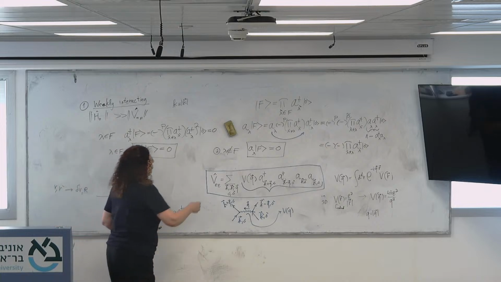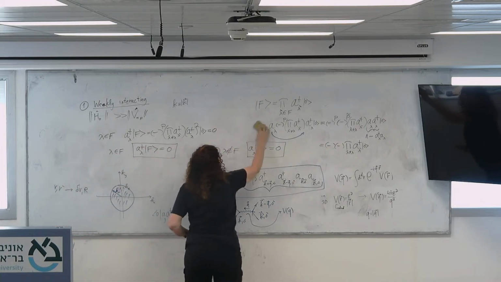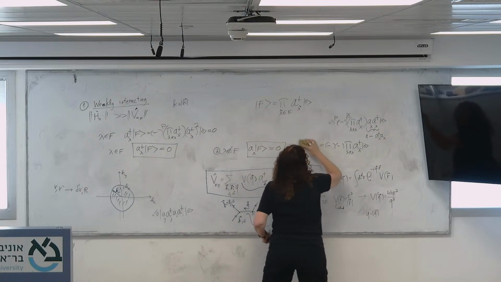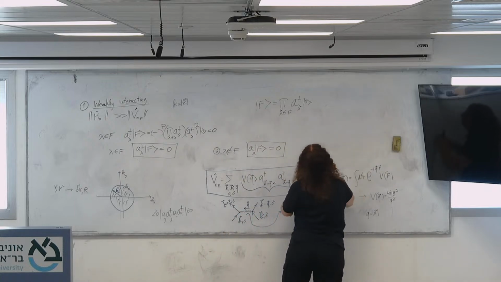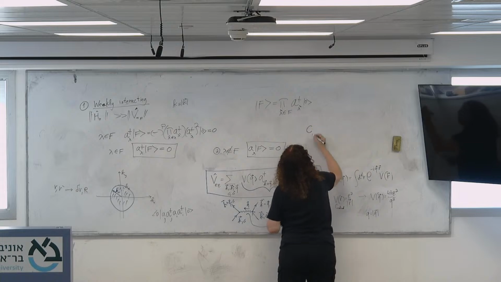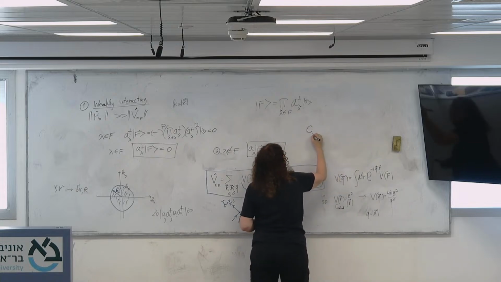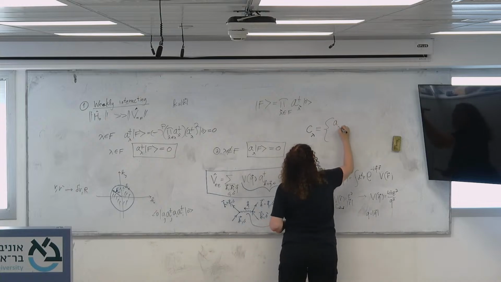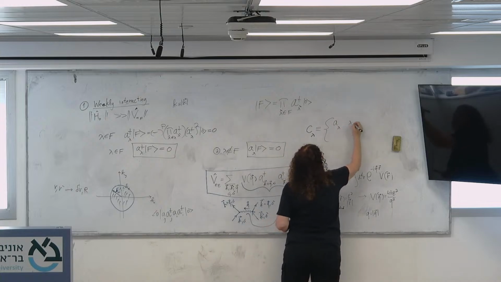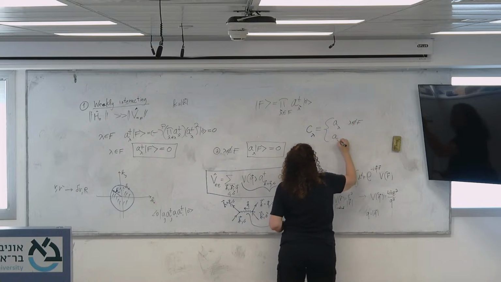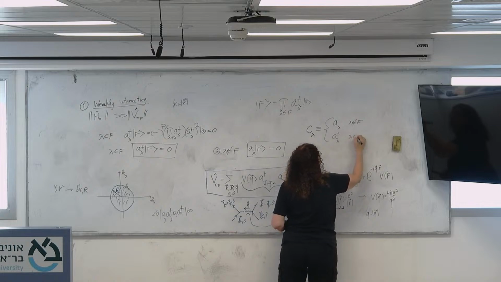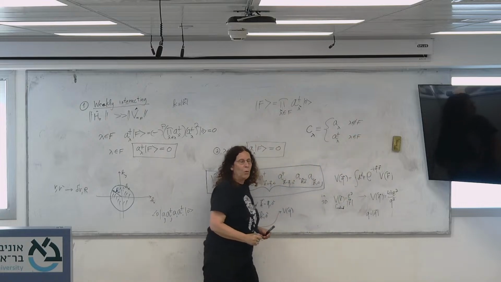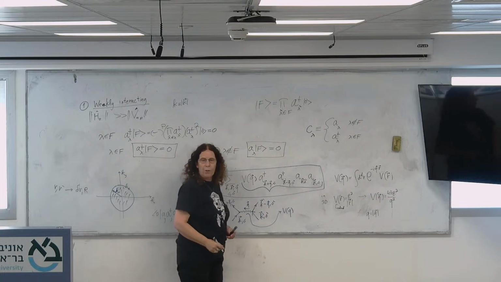So let me define it, and we denote it by the letter C. C lambda is defined as A lambda for lambda not inside F, and A lambda dagger when lambda is inside F. It's a definition.